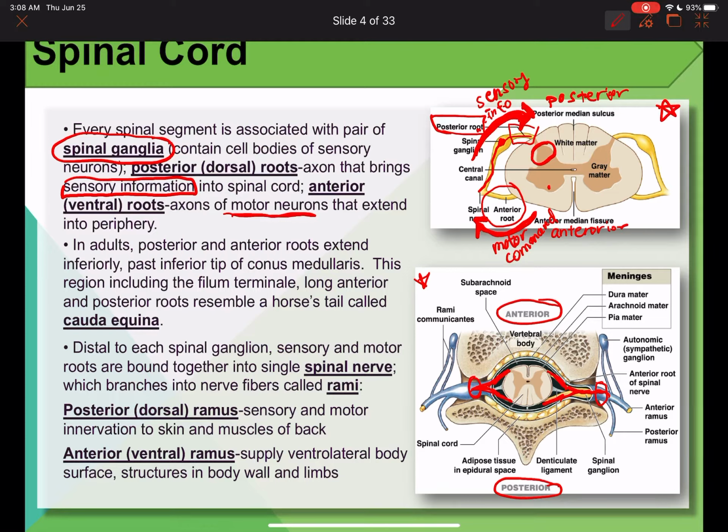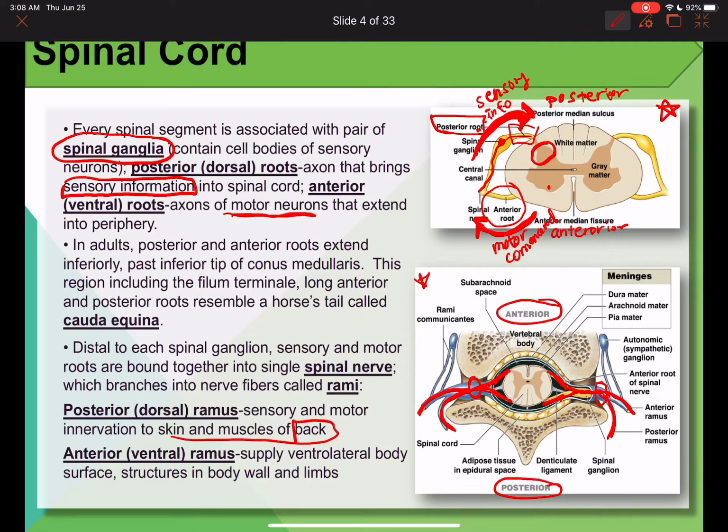We have what's called the anterior ramus and the posterior ramus here. So same thing, anterior ramus, posterior ramus here, okay? So what these do, the posterior, or you can call it dorsal ramus, is for innervation of the skin and muscles of your back.